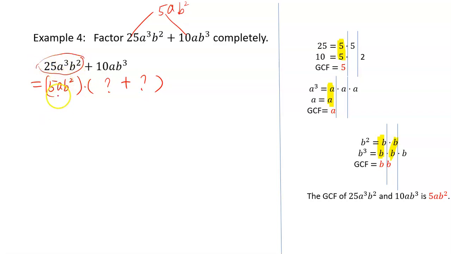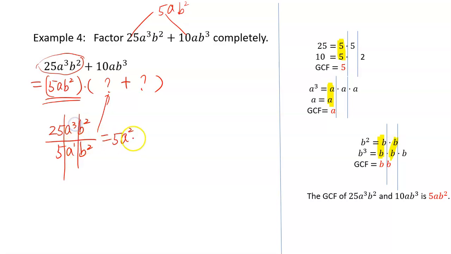We multiply 5ab squared with something to get that. Which means we have to divide 25a third b squared by the GCF that we got in order to get the answer for that. So after division, 25 divided by 5 is 5, a third divided by a is a squared, because 3 minus 1 is 2, and b squared cancels b squared. So we found the answer here, which is 5a squared.